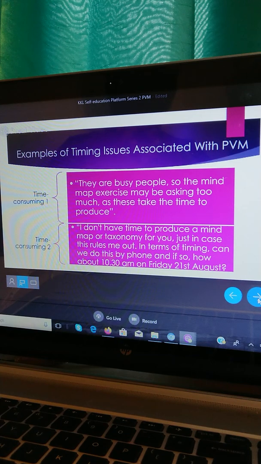So these examples I'm giving you are from my interview scripts, what my participants have said before taking part in the task.